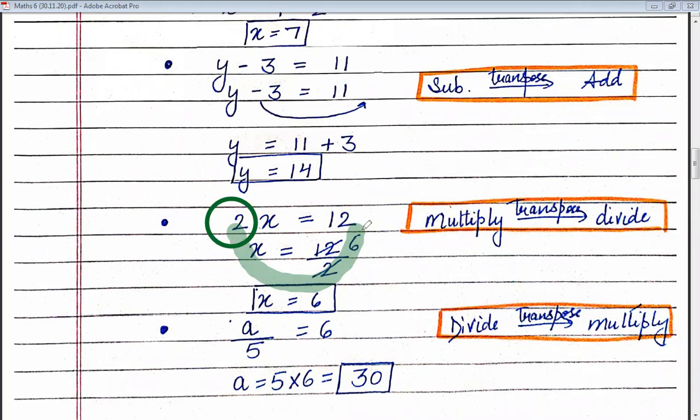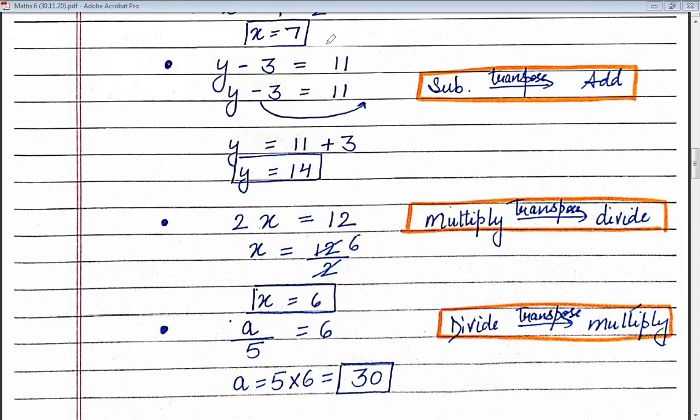Now children, if anything is in multiply, then it will go on the right hand side and it becomes divide. So when you transpose multiply constant, it will become divide. So remember, plus will become minus, minus will become plus, and multiply will become divide.